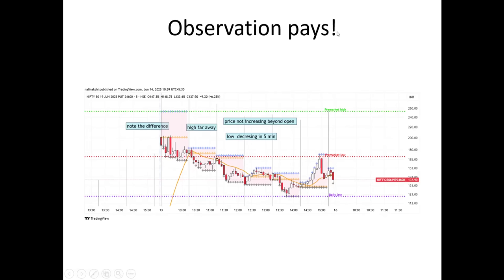So this is the important observation, it pays. Simple observation will fetch you an edge in your intraday trading. No indicators, just hourly marks: hourly high, open, low. Observation will fetch you the trade. Isn't it wonderful? It is wonderful. Actually, start observing. You will get an edge.